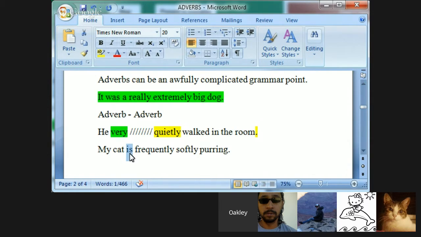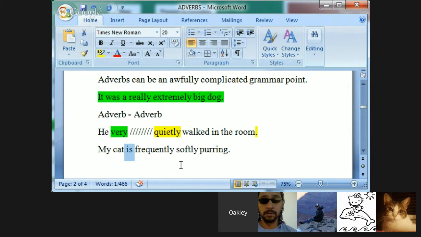After the is purring, present continuous tense, we need an auxiliary or helper verb. Here the verb to be. Notice the placement of the adverbs after that first auxiliary. Notice we keep them together in the normal adverb placement when they go with verbs after that auxiliary.